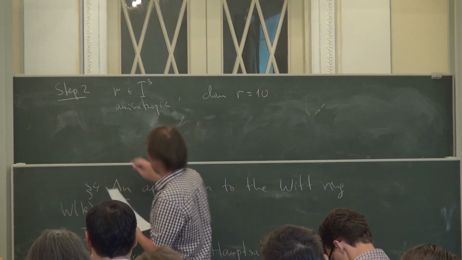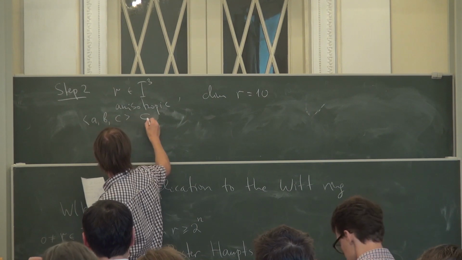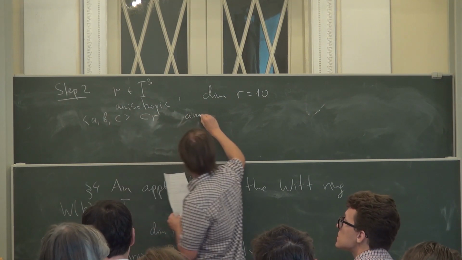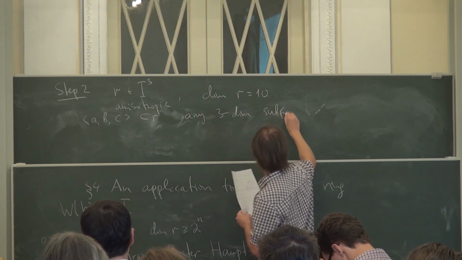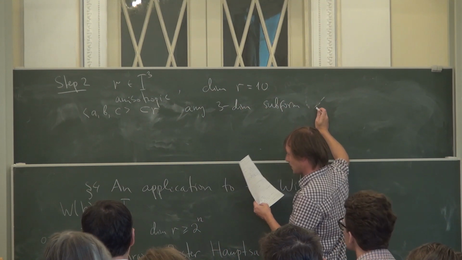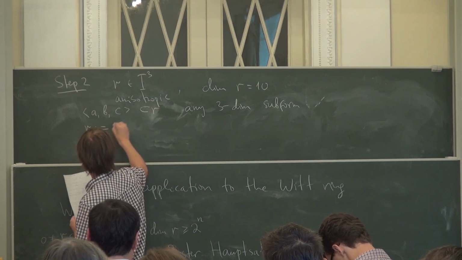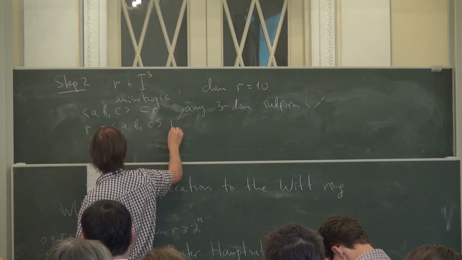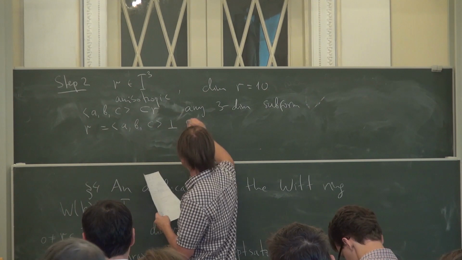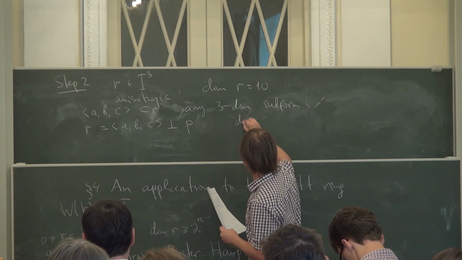So now we take any 3-dimensional subform in it. So it's a subform, so we can write R as ABC plus some 7-dimensional form. Well, 3 plus 7 is 10.